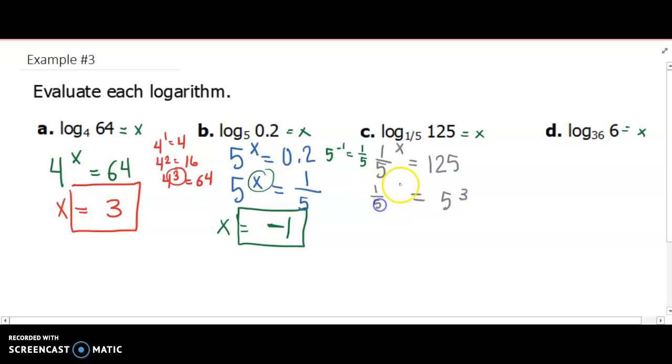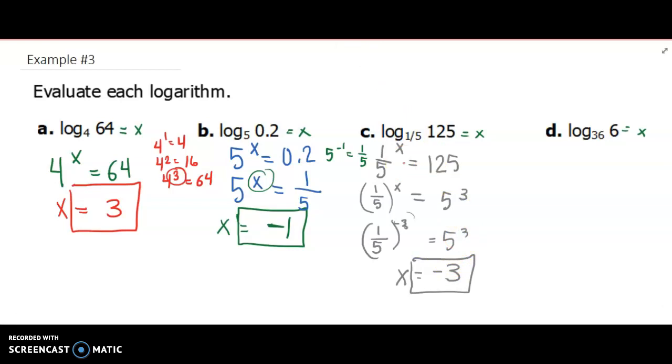So 1/5 to the x equals 5 to the third. Wouldn't 1/5 to the -3 equal 5 to the 3? Right? So x has to be -3, so my answer to this would be -3.